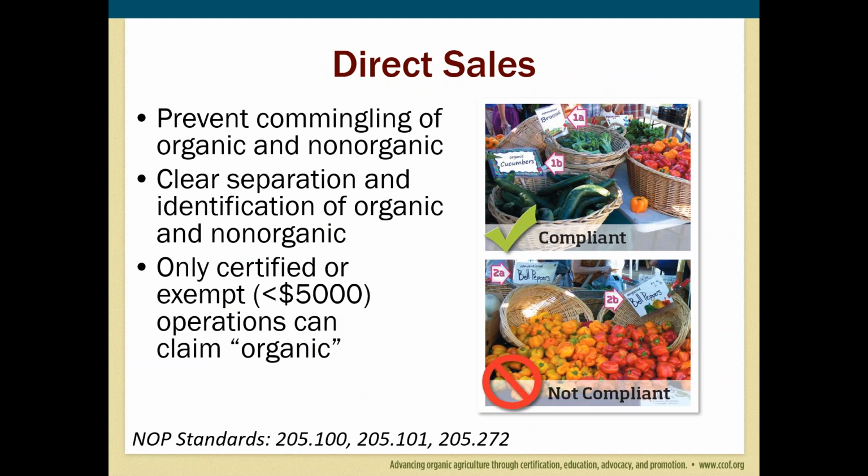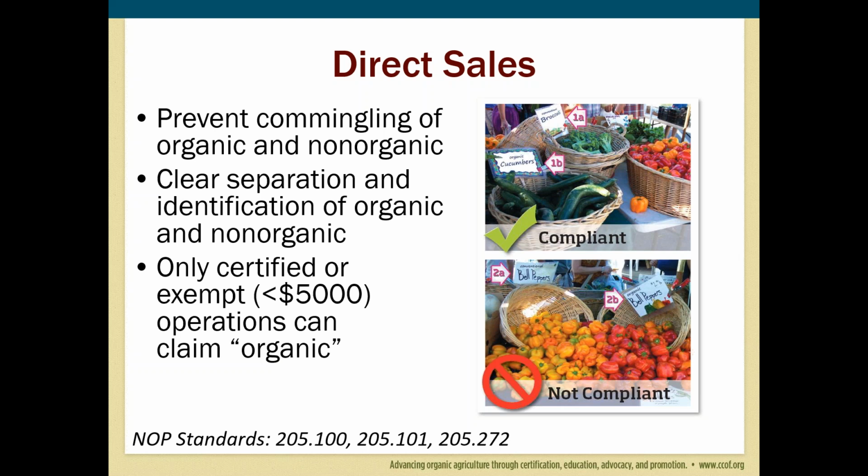All right, moving on to a topic related to small to mid-sized farms that may be doing direct sales. So this could be farmers markets, and that's the examples I have here in the photos, but the same principles we're going to talk about apply to other direct sales like CSAs, farm stands, or online direct sales.